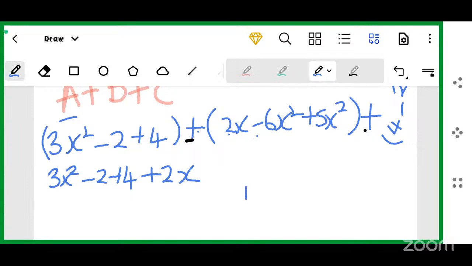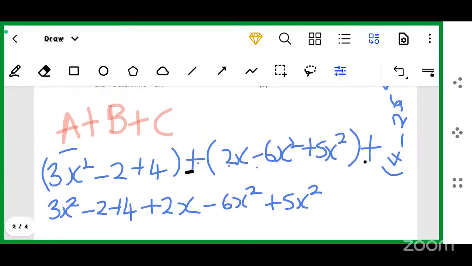So we have plus multiplied by minus, equals negative. Perfect. So we just write our negative there. So we have our negative 6x squared. And what is positive by positive? A positive. Perfect. So we write our positive 5x squared.